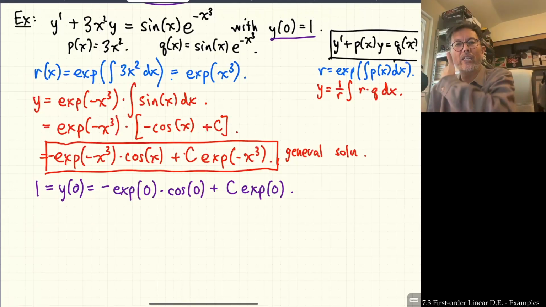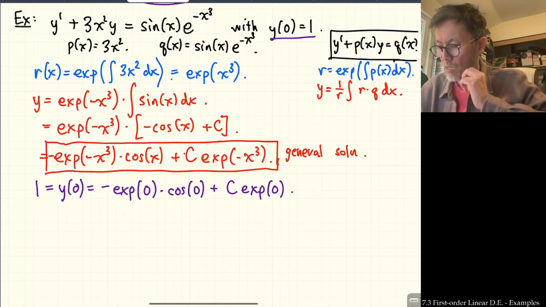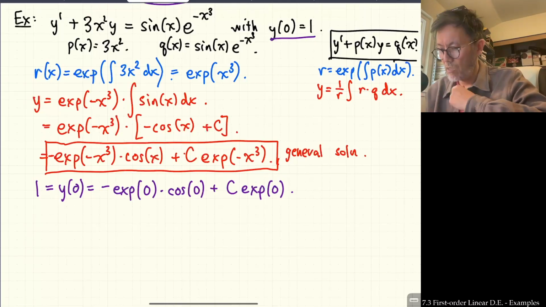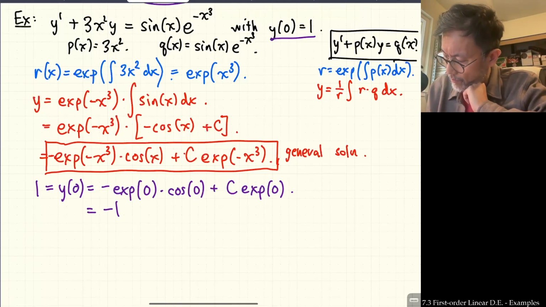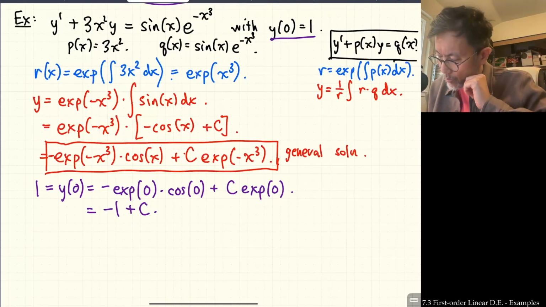That's just me plugging in x equal to 0 everywhere in the general solution. Well, exp of 0 is 1, cosine of 0 is 1, so this becomes negative 1 plus c. We add 1 to both sides and we learn that c is equal to 2.